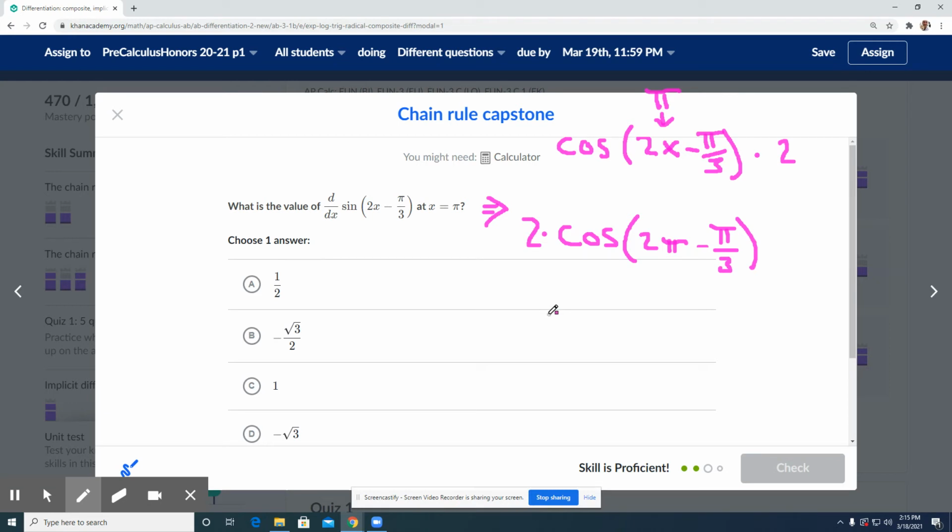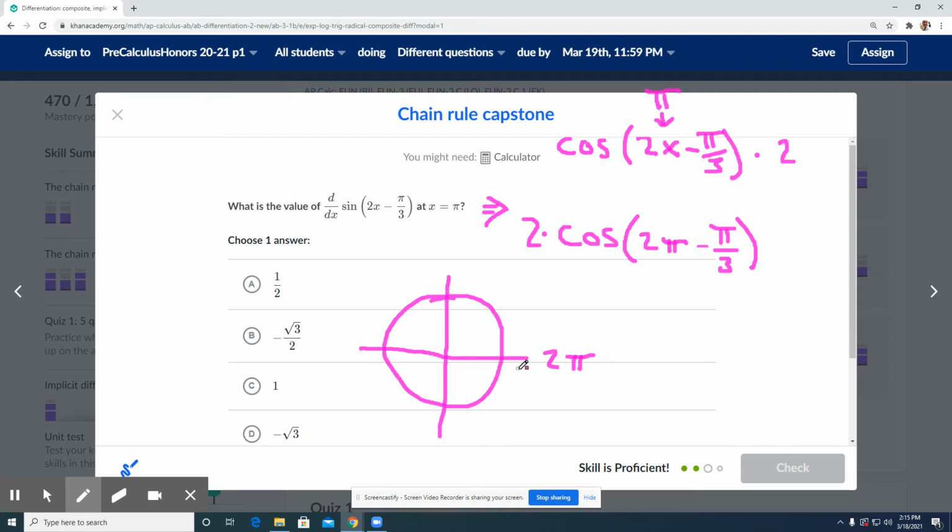Oh, our friend trigonometry. All right, so when I think about my unit circle, basically, 2 pi says I go around it once. So I go around, I start over at the beginning, and then I'm going to go minus pi over 3.